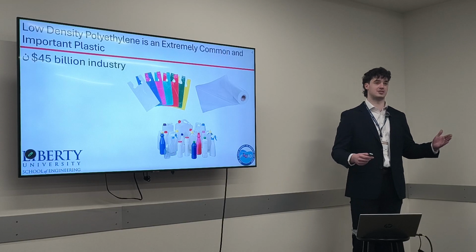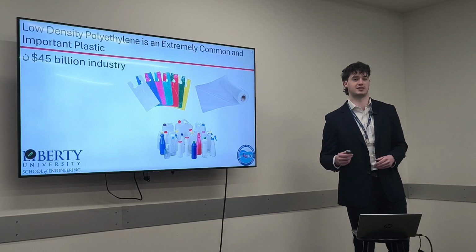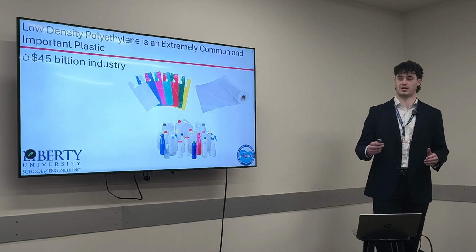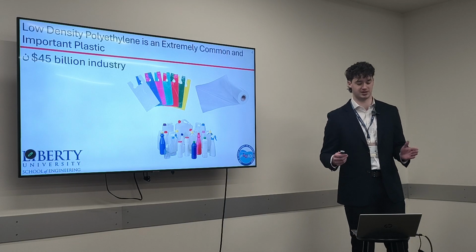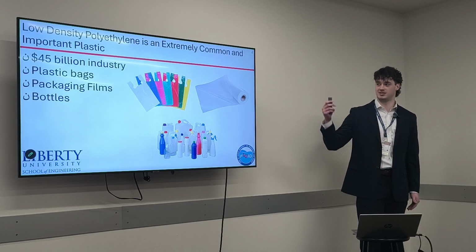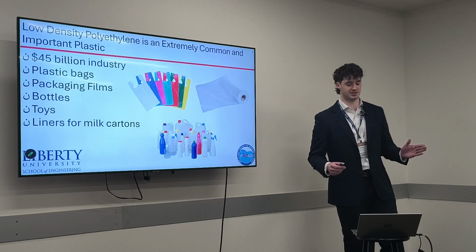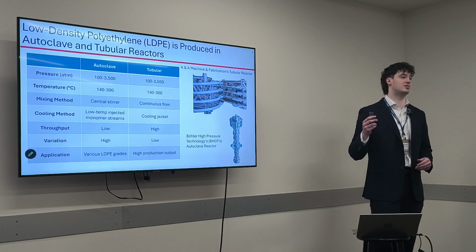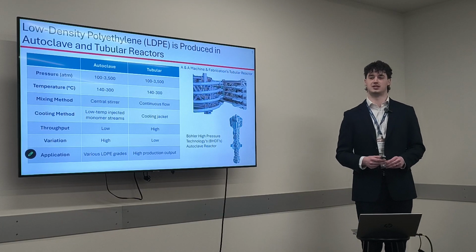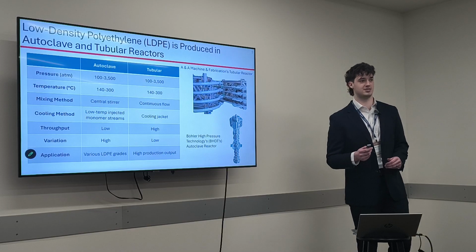So, of course, low-density polyethylene is a super important common type of plastic backing a $45 billion industry, using things such as the ones listed here: plastic bags, toys, liners for milk cartons, you name it. In addition to autoclave reactors, it can also be developed in tubular reactors.